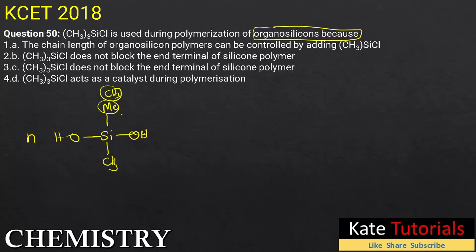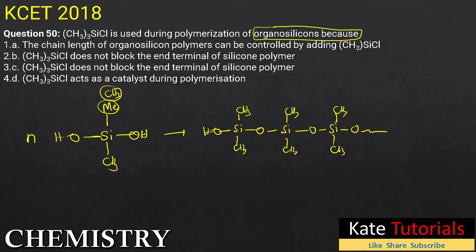If I take n molecules of this organosilicone, they will polymerize like this: silicon, CH3, CH3, O, silicon, CH3, CH3, O, silicon, CH3, CH3, O, like this the chain continues, right?